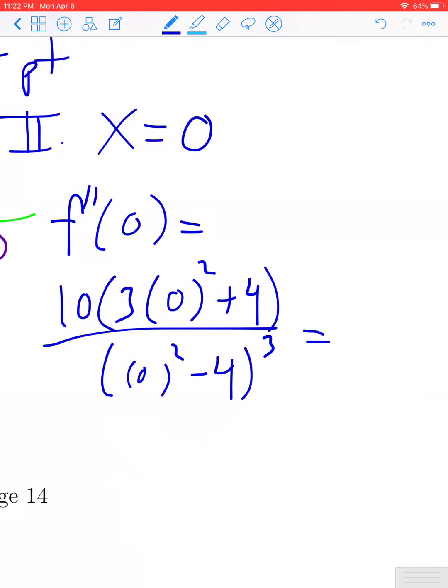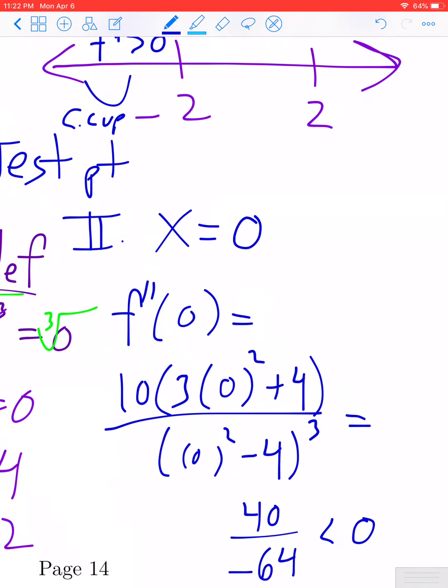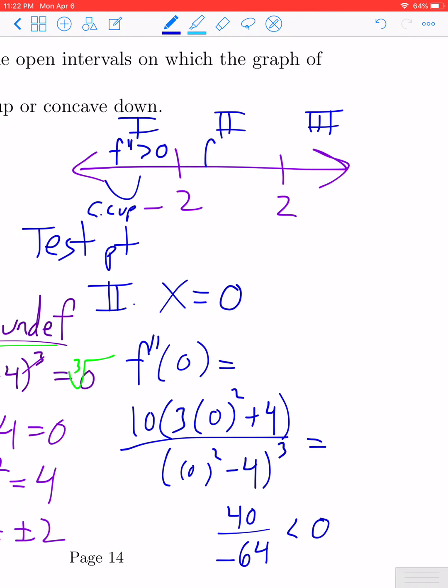If we work this out in the numerator, 0 squared is 0, times 3 is 0. So we're going to have 4 times 10, which is 40. In the denominator, 0 squared is 0, minus 4 would be negative 4, and negative 4 cubed would be negative 64. So we're going to end up getting an answer that's negative, which means that in region 2, f double prime is less than 0, which means that the graph is going to be concave down there. So the graph should be concave down.